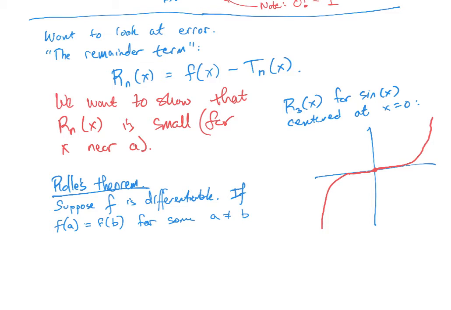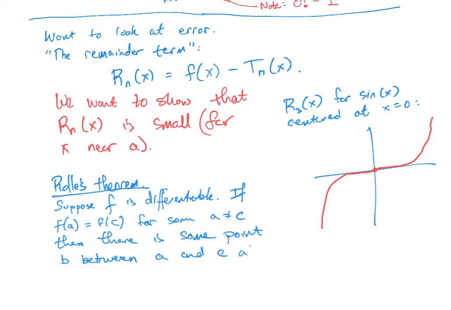Oh, and I don't want that to be a b, I want that to be a c. If f of a equals f of c, for some a not equal to c, then there is some point b between a and c at which the derivative is 0.